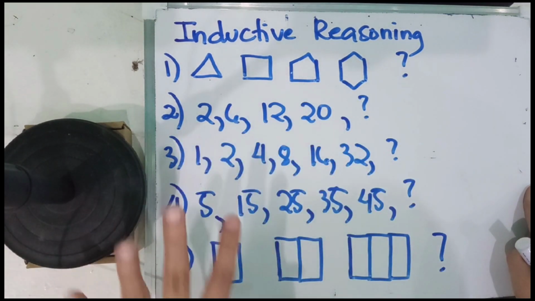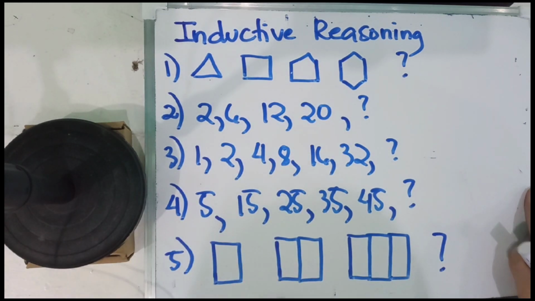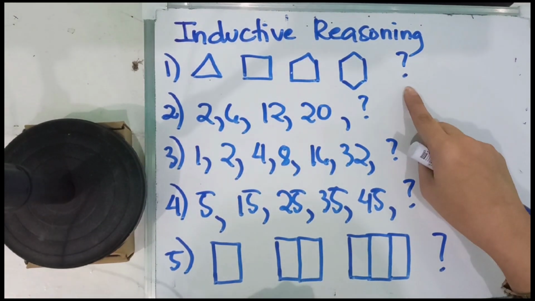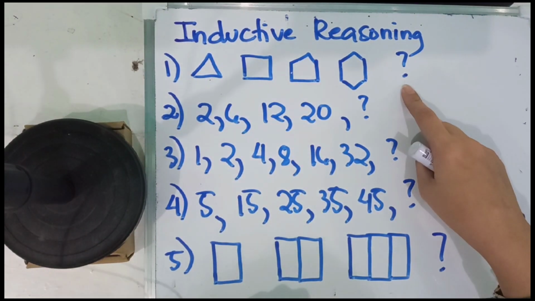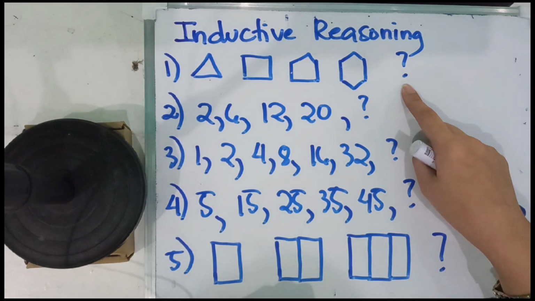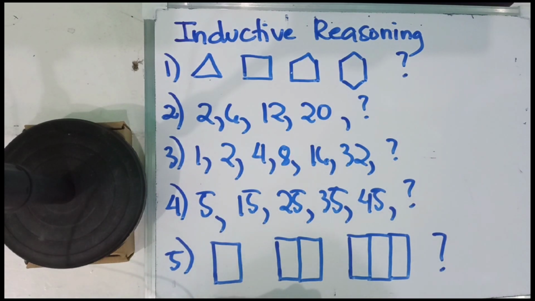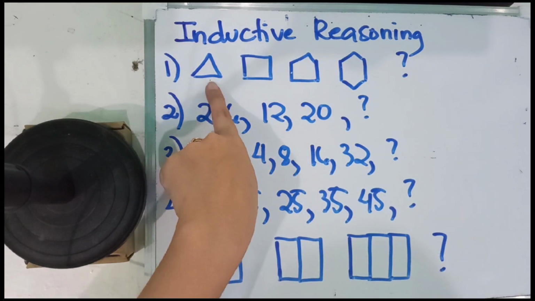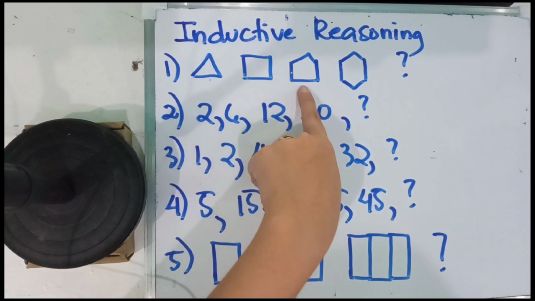So basing on those given examples, what general statement can you possibly conclude so that we will be able to identify what the next shape would be? You can try to pause the video, you can try to think so that you'll be able to determine the answer.